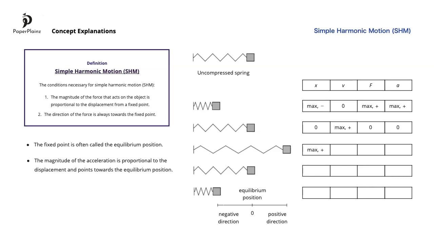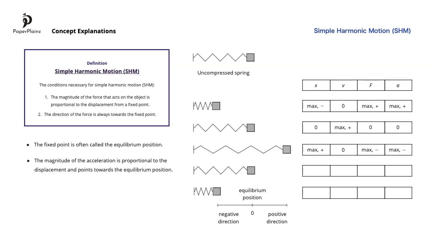Here, the object again stops for a moment, so velocity is 0. Force is proportional to displacement, so its magnitude is at a maximum, and since it is pointing towards the equilibrium position, so in the negative direction, force here is negative. Acceleration, as usual, behaves the same way as force.